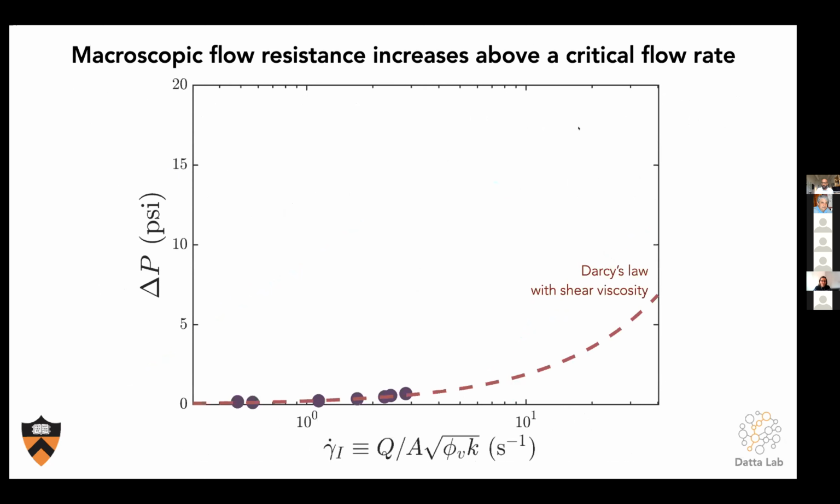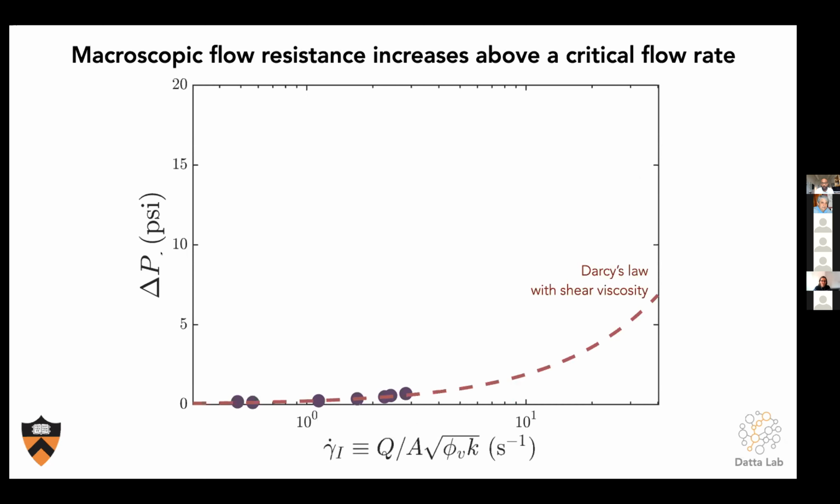And so the first thing we can do is just do this typical experiment where we measure the pressure drop across the porous medium as we inject the polymer solution at different flow rates. So what I'm showing you here on the x-axis is the characteristic interstitial shear rate corresponding to each flow rate, right? So it's given by the flow rate per unit area divided by this characteristic pore length scale given by the permeability and the porosity, right?